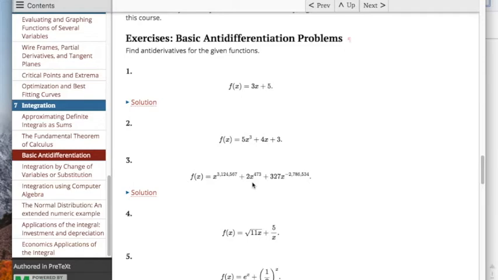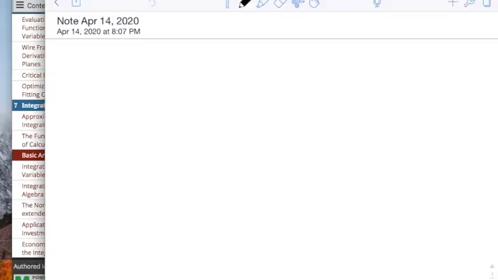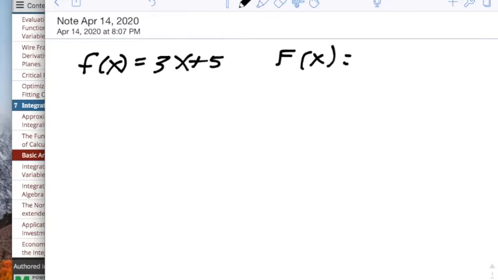Exercise 1, because it's a nice simple one, looks at f of x equal to 3x plus 5. Well, then capital F of x is going to be 3 times x going from the first power to the second power, divided by 2, plus 5 times x plus a constant, and we don't care what the constant is.